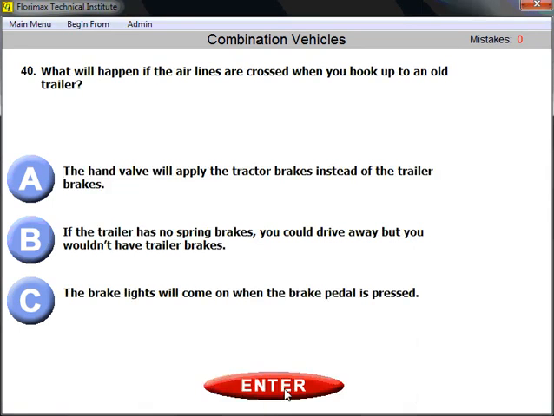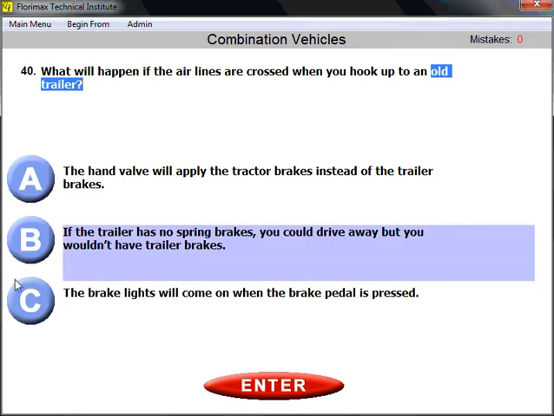Question number 40. What will happen if the airlines are crossed when you hook up to an old trailer? Again, when you read old trailer, it should immediately come to your mind, old trailer, it doesn't have spring brakes. If it doesn't have spring brakes, you would probably be able to drive away, but you wouldn't have trailer brakes.